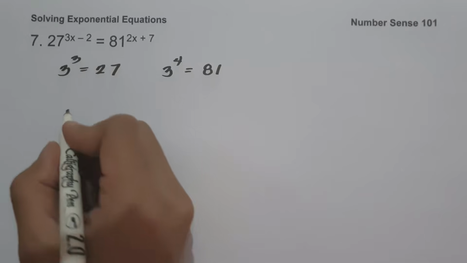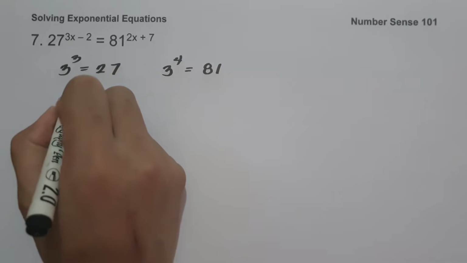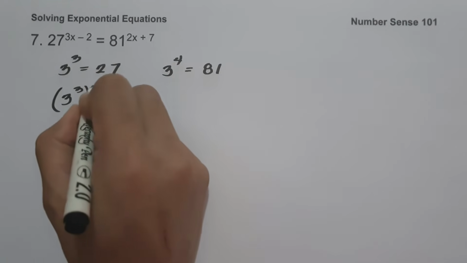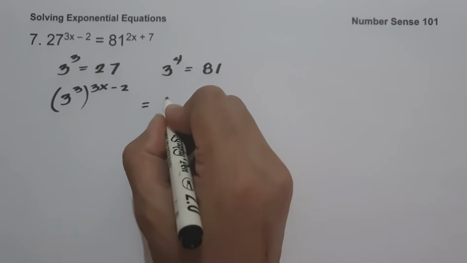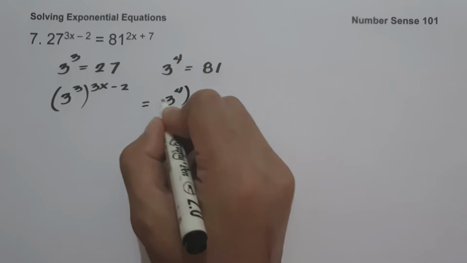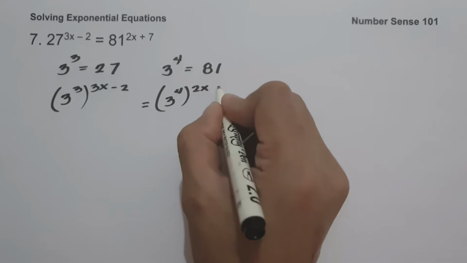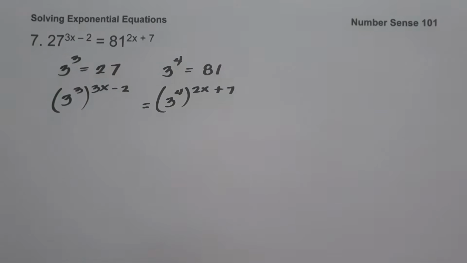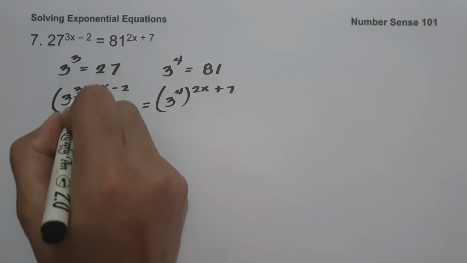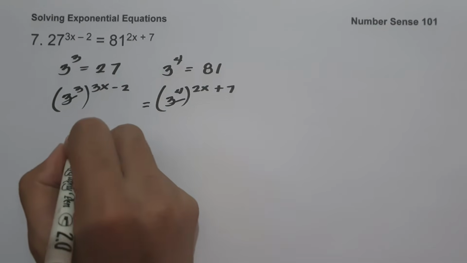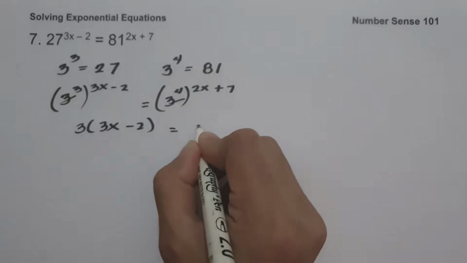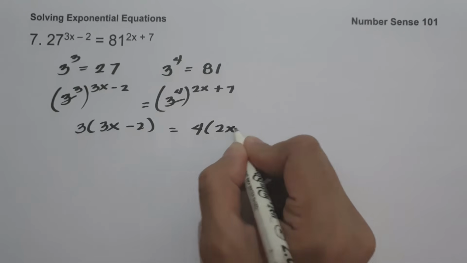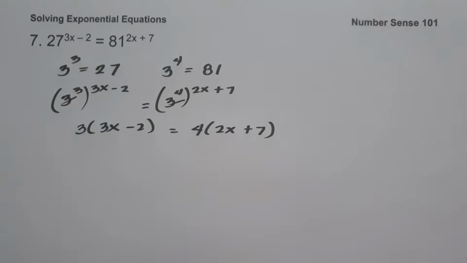So let us have 27, that is 3 raised to 3, raised to 3x minus 2 equals 81, that is 3 raised to 4, raised to 2x plus 7. Since we have the same base, let us cancel the base and let us have 3 multiplied by 3x minus 2 equals 4 times 2x plus 7.